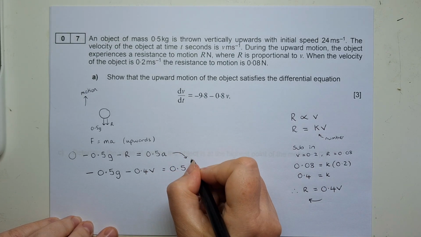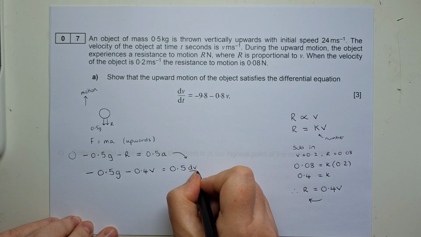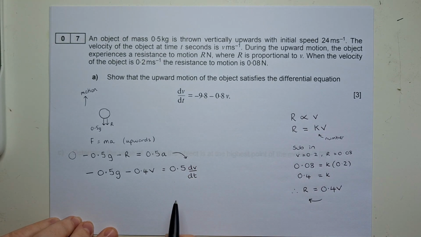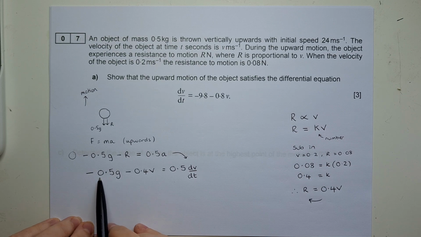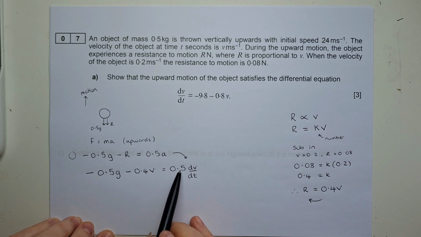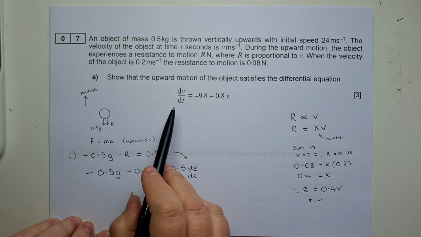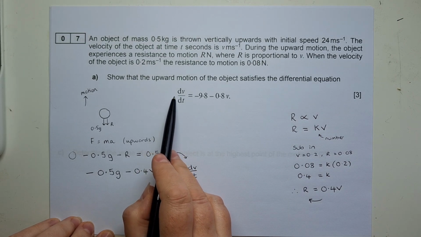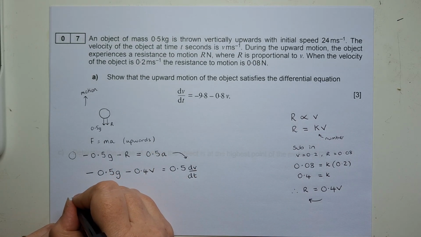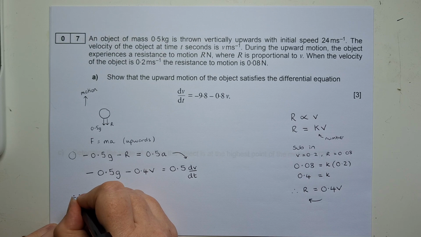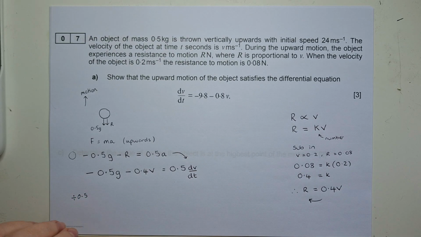And remember, we can change acceleration into dv by dt, because that's the rate of change of velocity compared to time. And then it looks like we've just divided through by 0.5, because we've lost the 0.5 in front of the dv by dt. So either imagine dividing by 0.5, or on the other hand, multiplying by 2.